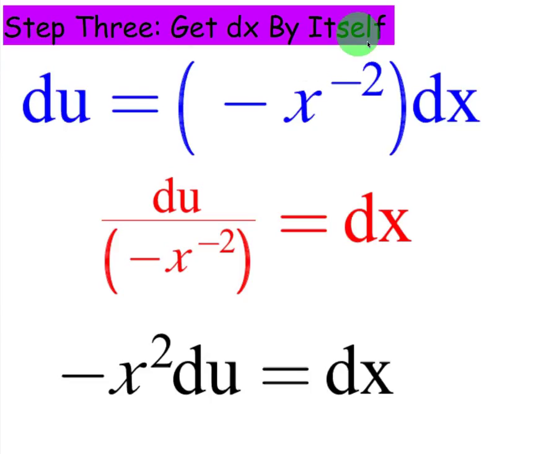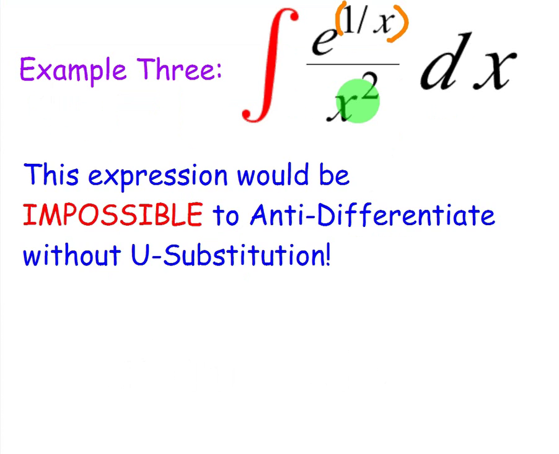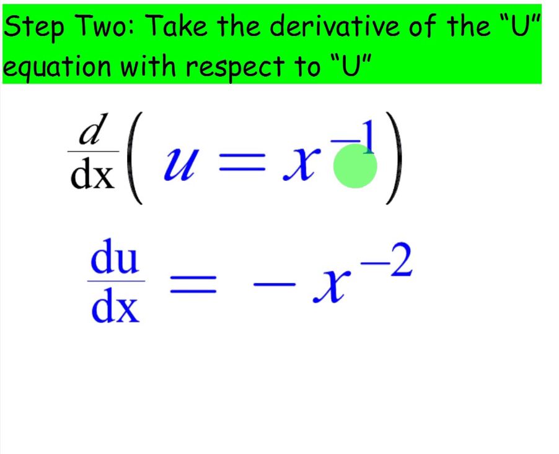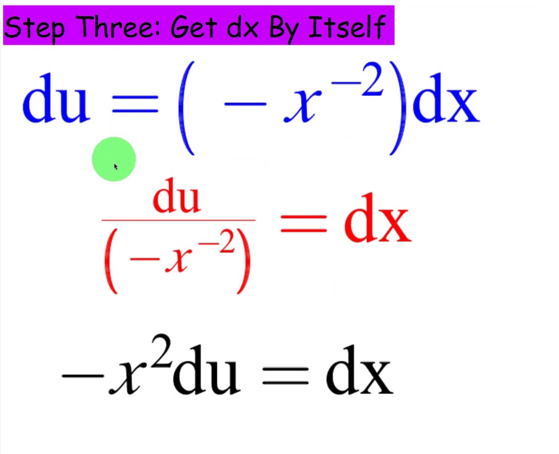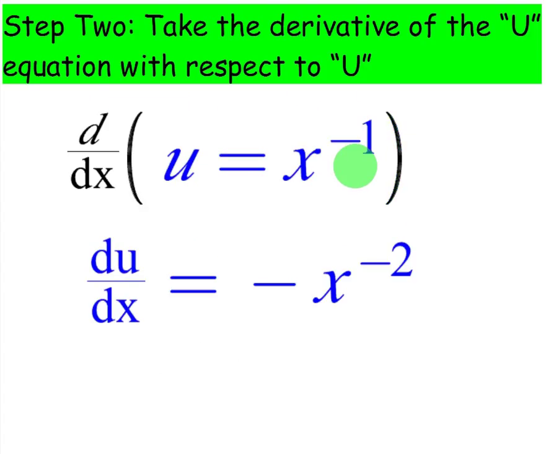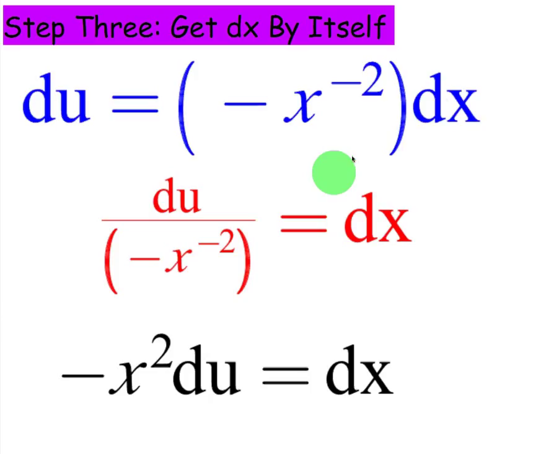Step 3, get dx by itself. Again, we're doing that so we can eliminate it in this expression. So to get dx by itself, normally what you do is you cross multiply. So we can put this expression over 1. It's going to be dx times negative x to the negative 2 equals du.